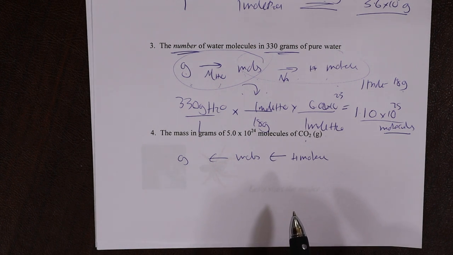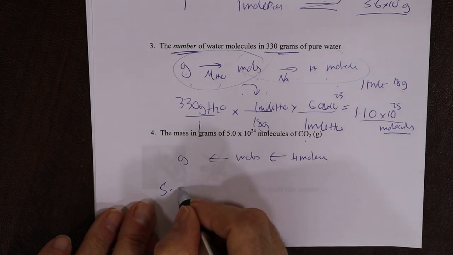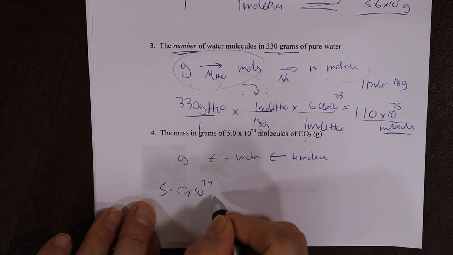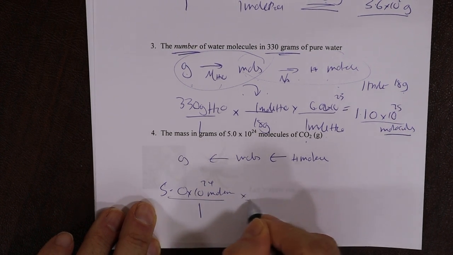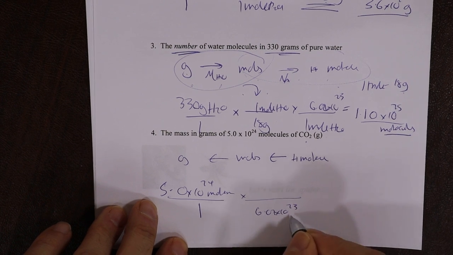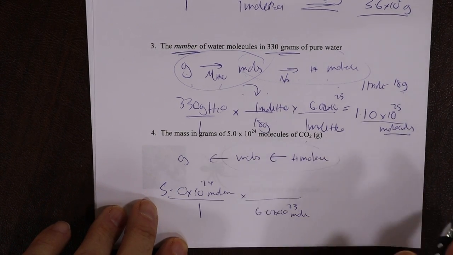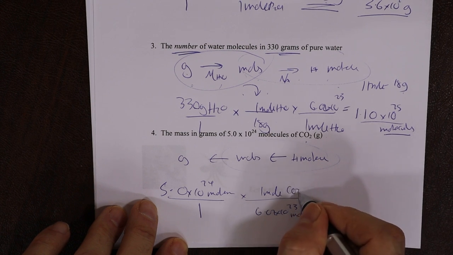So we have 5.026 times 10 to the 24 molecules. Careful here, molecules have to go on the bottom. 6.02 times 10 to the 23 molecules, because we're doing this leg of the journey, is 1 mole. CO2.